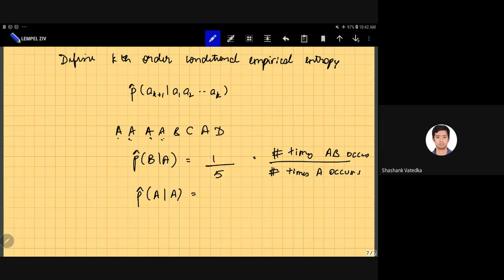So the p hat of A given A is the ratio of the number of times AA occurs divided by the number of times A occurs. And what is that equal to? It's 3 divided by 5. So what is p hat of C given A? It's the fraction of times AC occurs, so the number of times AC occurs divided by the number of times A occurs. What is this?